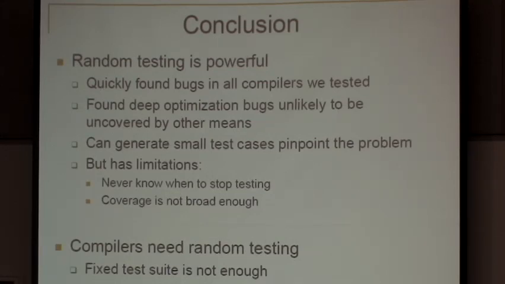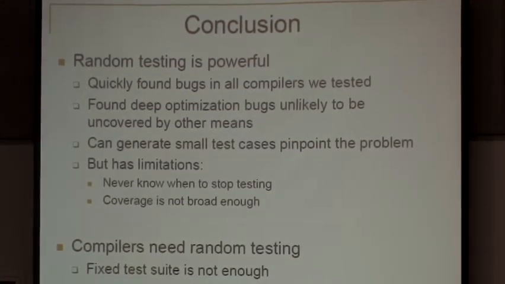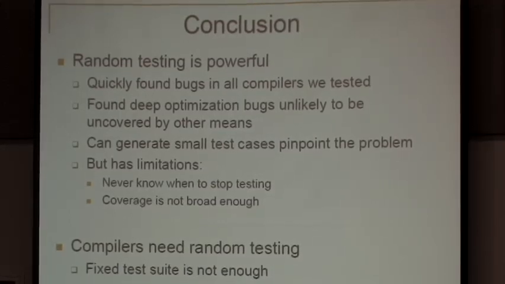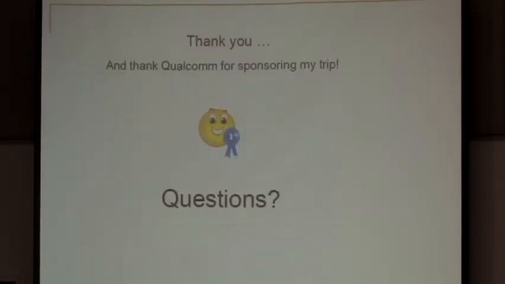We also think compilers need random testing because again and again we have found bugs which couldn't be uncovered by test suites. So we think a test suite alone is not enough. Maybe in the future, this combination of fixed test suite plus random testing is the way to go for compiler testing. I think that's all.